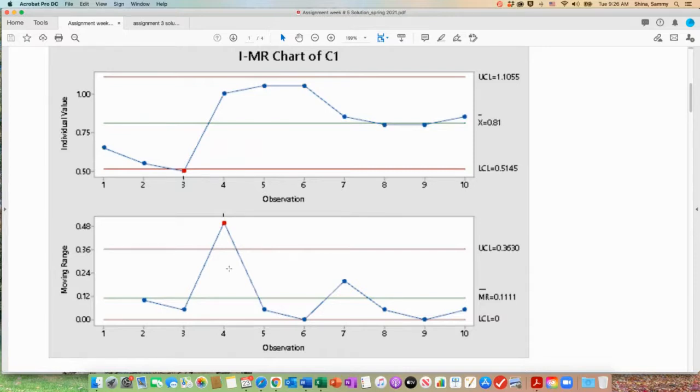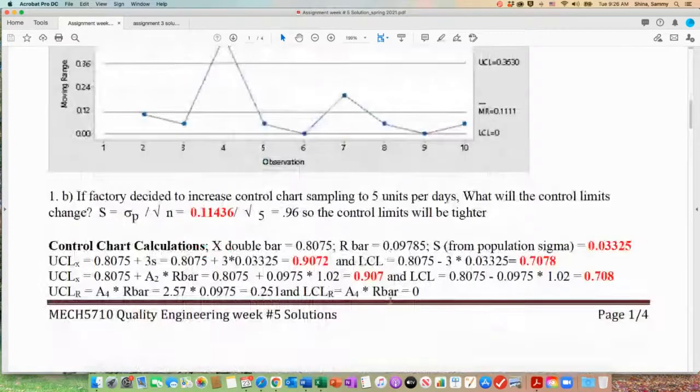Then we convert back to individual, which is from sigma of the population to sigma of the sample, and that is dividing by the square root of n, and the square root of n would be here too. And then you can see we can only chart from the second observation, because the first observation is only 1 and it doesn't have any variability. From the second observation, we chart the R bar.